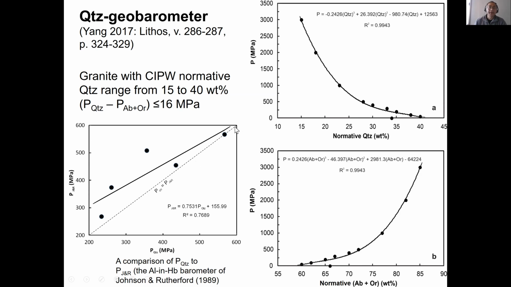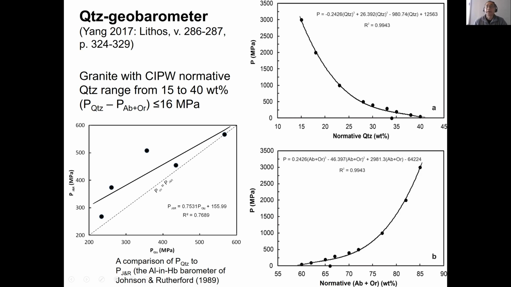And when the pressure goes towards 600 MPa or 6 kilobars, these two methods get pressures that approach each other, indicating the hornblende may have crystallized earlier in the history of the granite crystallization.